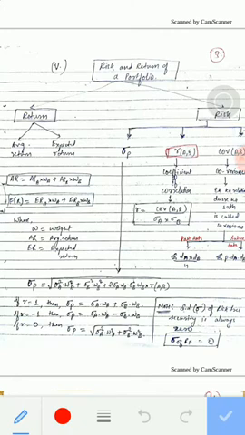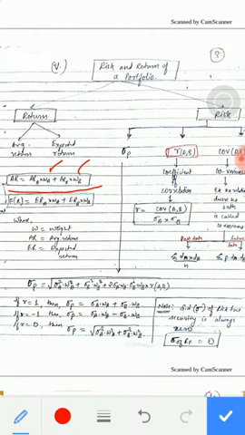So it is average return of A into weight of A plus average return of B into weight of B. This will be the return of a portfolio.